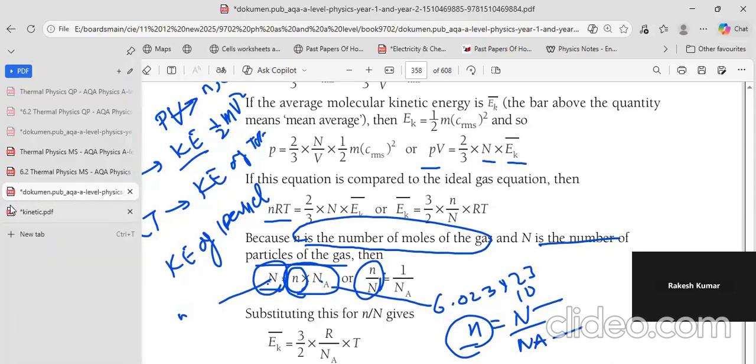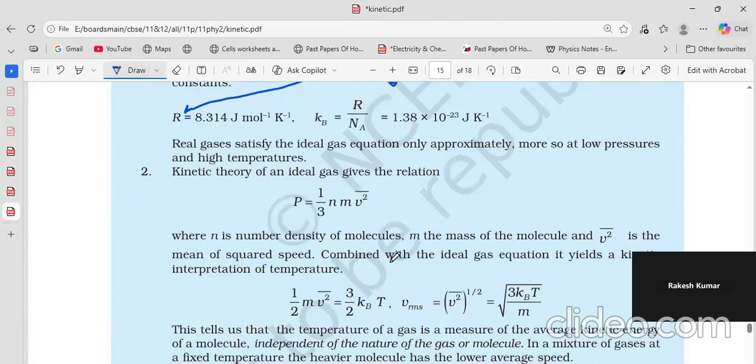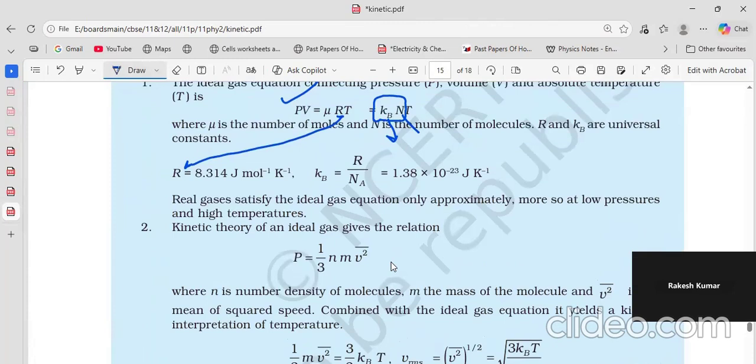So what have we got? We have got these equations. One, PV is equal to this, kB into nRT. You have got the connection PV is equal to nRT. You have got the connection of pressure's dependence on velocity.